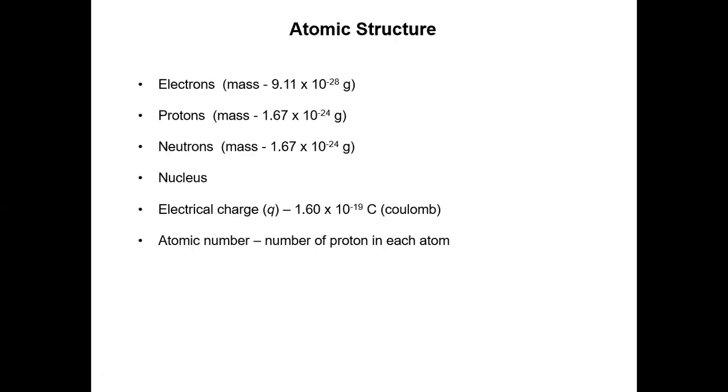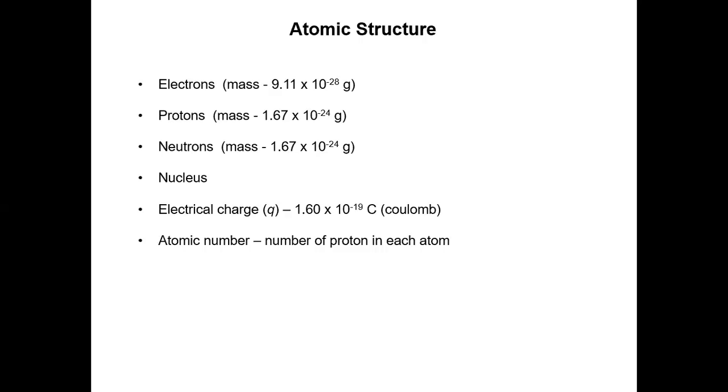So you know, at the atomic level, you have electrons. Then you have protons. You have neutrons. There is a nucleus. Electrical charge, the atomic number. Those things I think you have already learned in your A levels.